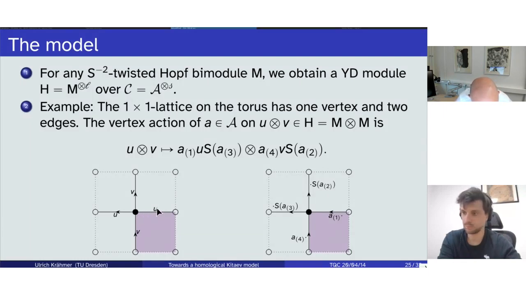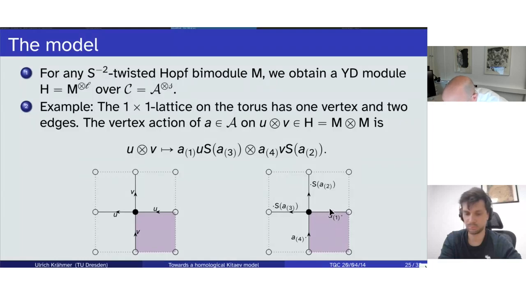This is decorated with the state U. And the direction of the edge, I've chosen this one. So here my edge comes from the right. And when my edge comes from the right, my A will act here from the left. And it's the first component of this triple coproduct of A that I apply.